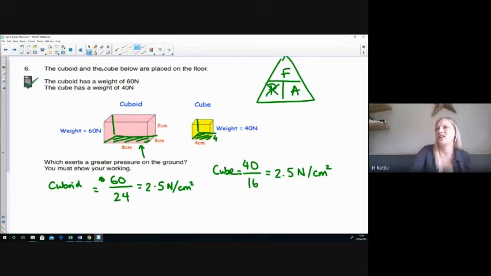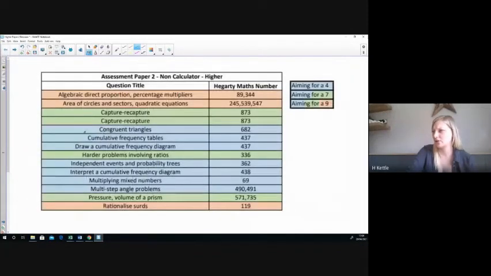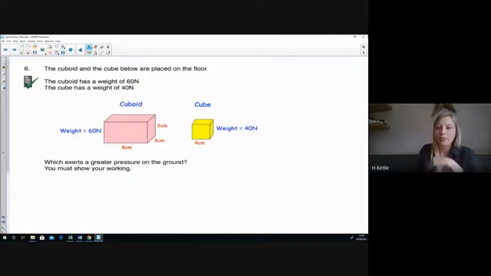On that topic, what else was on that question? It says pressure, but also you need to know how to work out the volume of a prism. So on a completely unrelated note to this question, if we wanted the volume of this cuboid, let's look at the pink one on the left here.